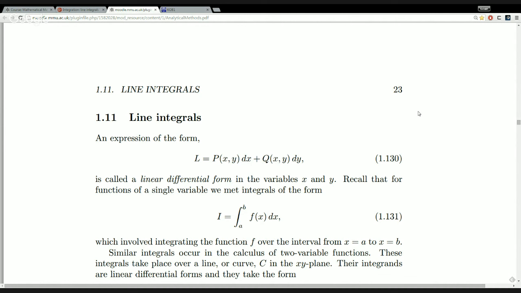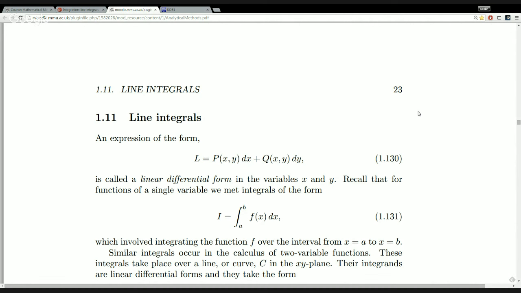That's where we have a path in the domain, say some curve C. So C is a curve in the xy plane, and we can integrate the function along that curve.